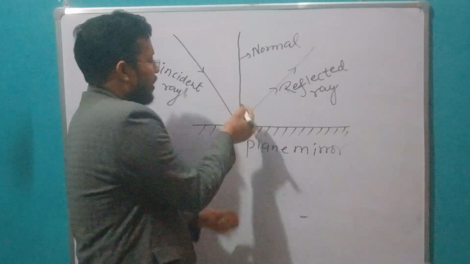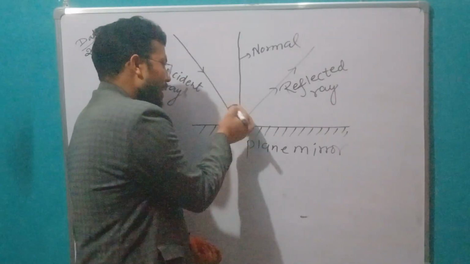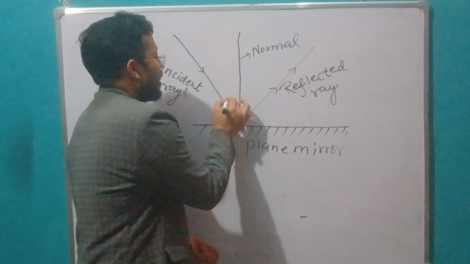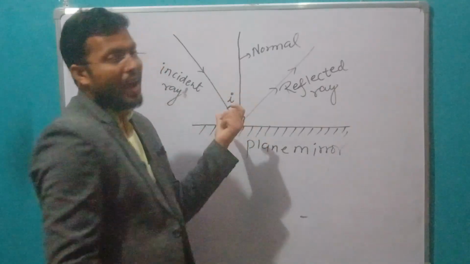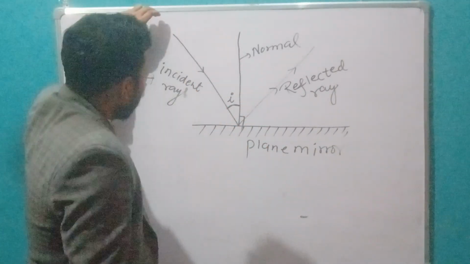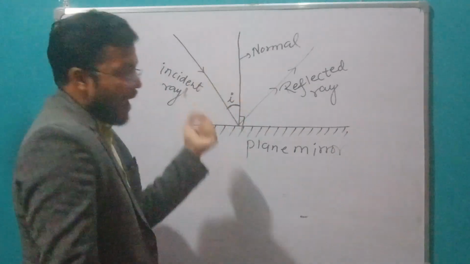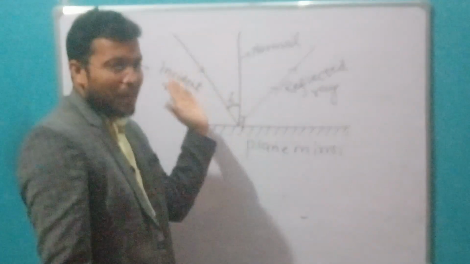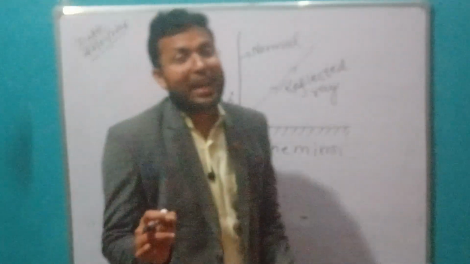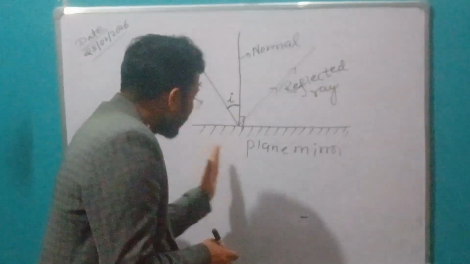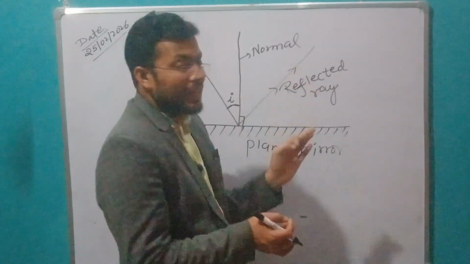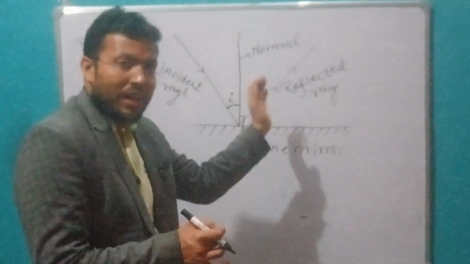When the incident ray falls on the plane mirror, it makes an angle with the normal. This angle is known as the angle of incidence, I. After the reflection, the reflected ray makes an angle with the normal.